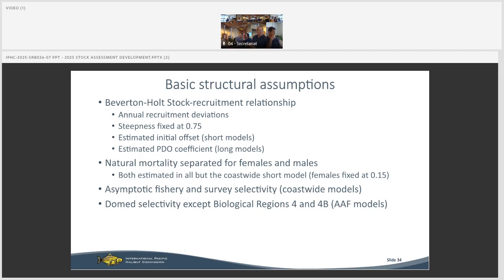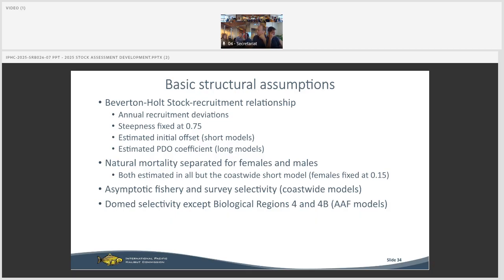In those cases, we're just estimating the recruitments, and you can see the same kind of pattern, but we just don't have the long enough time series. We don't even have one cycle in the short time series. It's arguably, even with 4 cycles of the PDO in the long models, a pretty weak data set to estimate a relationship. 3 high points and 2 low points.